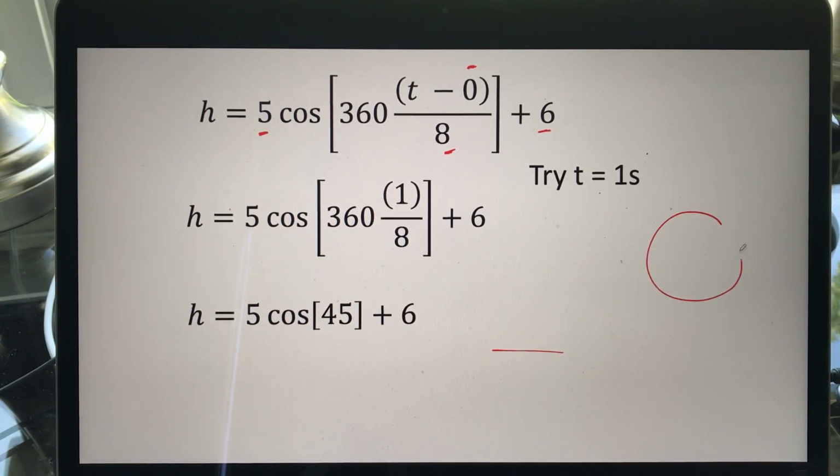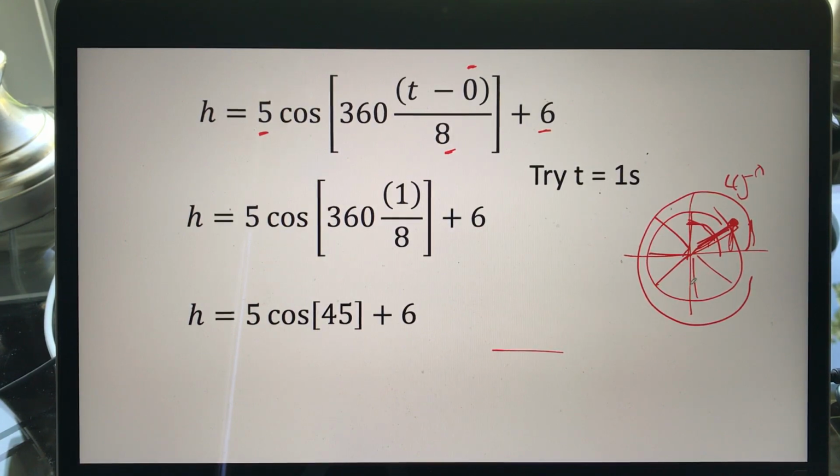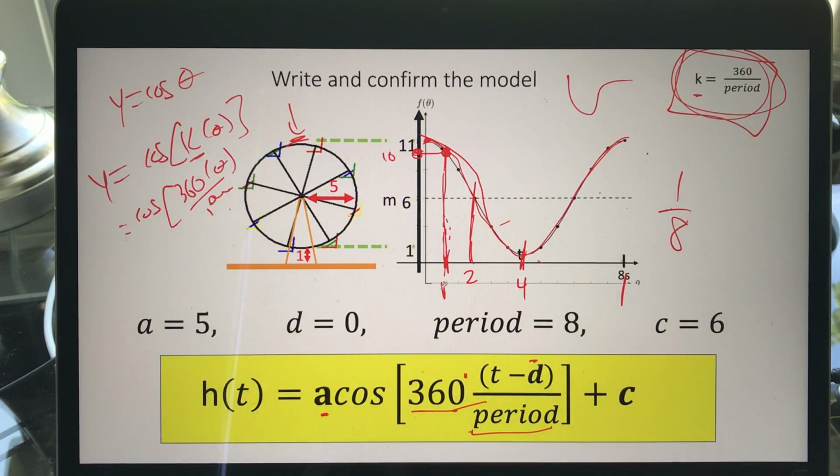And I know if I think of a unit circle like this, and I'm at 45 degrees right here, there's 45, that's 1, that's 2, like 2 45s, right? 1/8, 2, 3, 4, 5, 6, 7, 8, right? That spot there, 45 degrees, is 1/8 of my way around the unit circle. Just like 1 second is 1/8 of my way through this cycle.